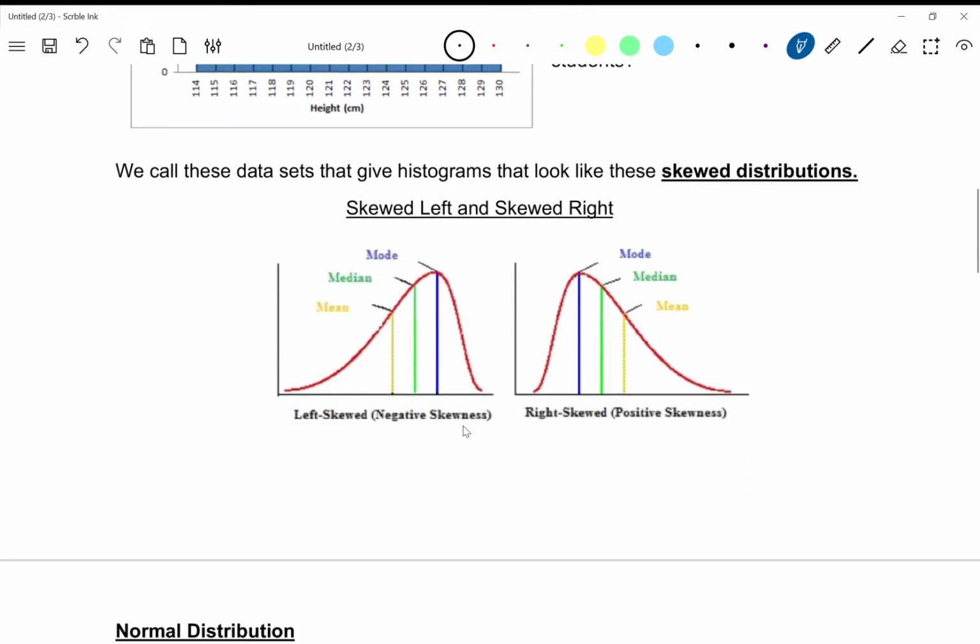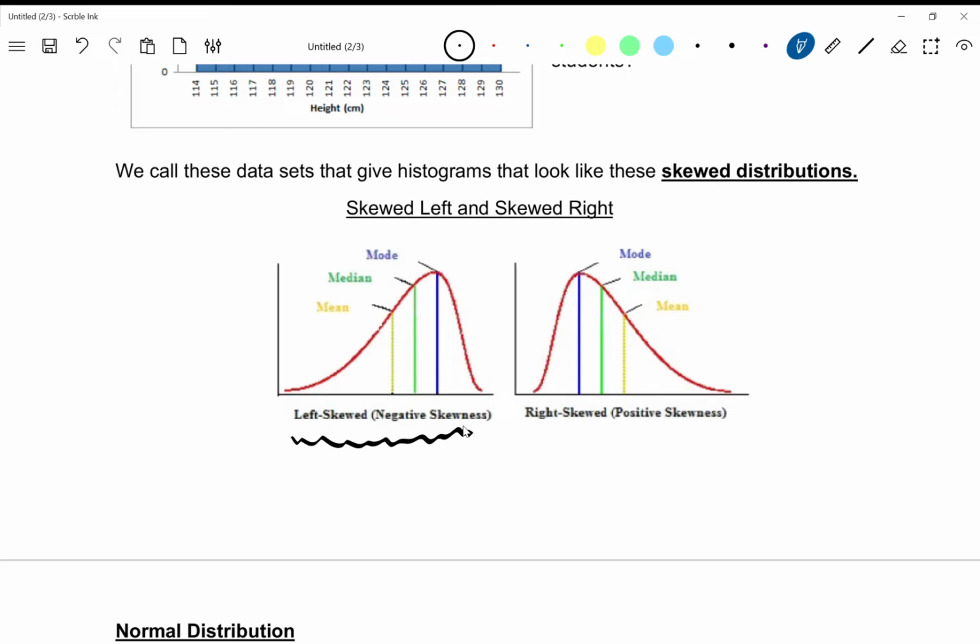Now, distributions and histograms are kind of interchangeable. The main difference is that histograms go by intervals, so you have rectangles, blocks, whereas a distribution is smooth lines. These are the definitions of left skewed, which is the example we had above: a left skewed distribution is when the mode is the farthest to the right, then the median, and then the mean is to the left of all of it.